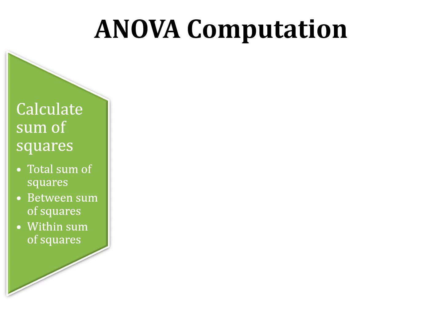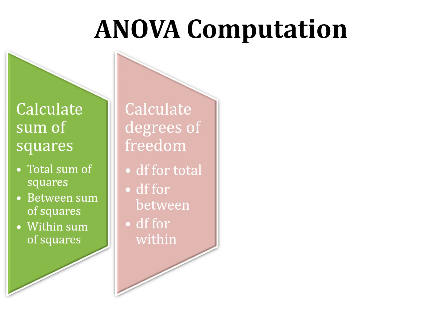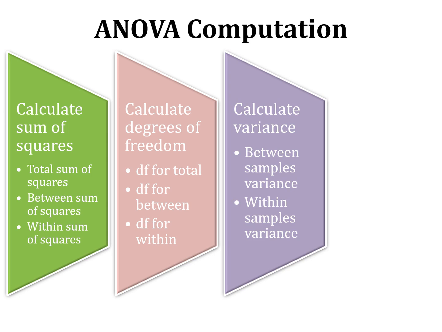And remember these important parts of the ANOVA computation. You have to calculate the sum of squares: the total sum of squares, between sum of squares and within sum of squares. Then you have to calculate the degrees of freedom for total, between, and within. Then you calculate two variances, between samples variance and within samples variance.